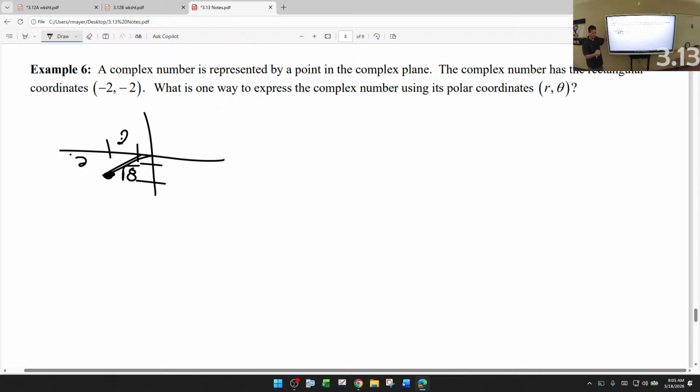This is where you're going to have to use just a little bit. You know that cosine of theta is equal to adjacent over hypotenuse. And if you multiply by r, then you'll get this r. Cosine theta equals x.